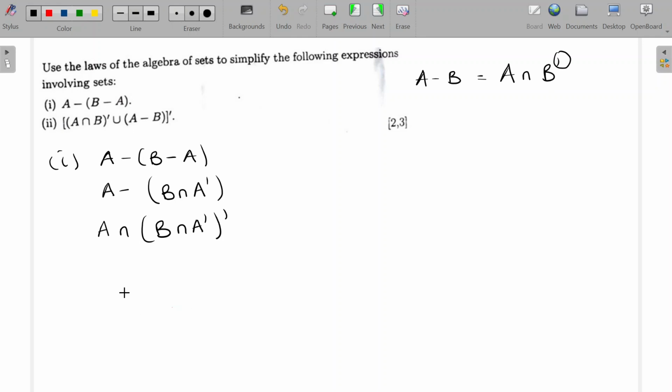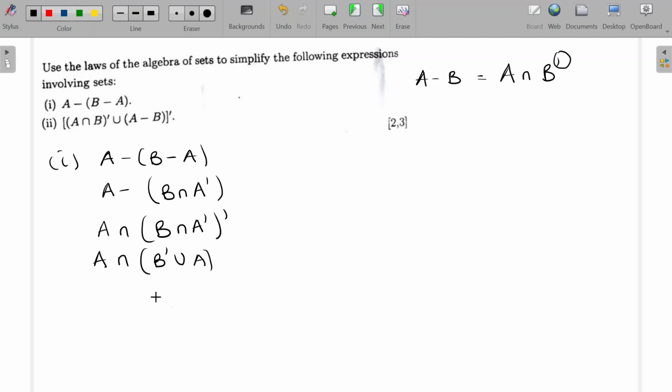We can then distribute the complement over everything in this set: A intersection, then the complement of B becomes B complement, the intersection changes to union, and the complement of A complement becomes A. As a result, you have this.